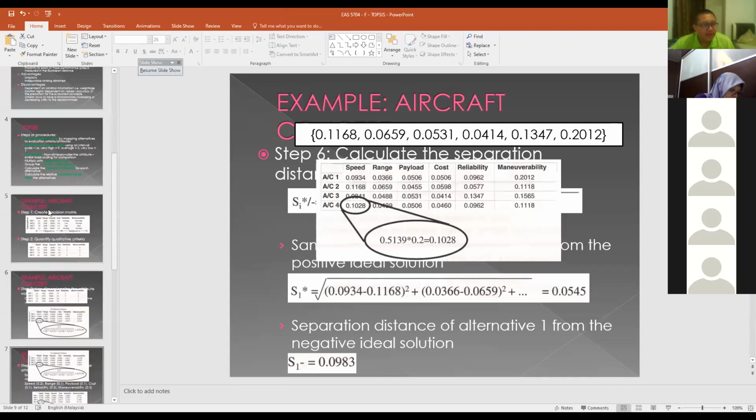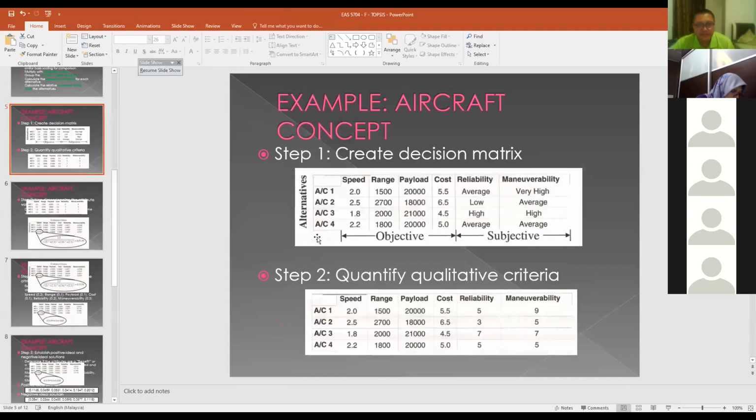If we go back to step number 1 and step number 2. Are we on the same page right now? Step number 1 and step number 2, right? Yes, Doctor. Okay.